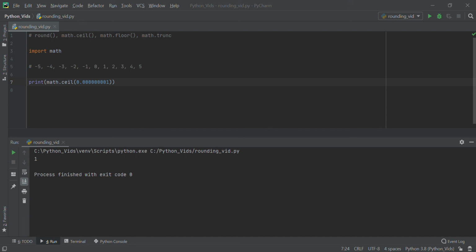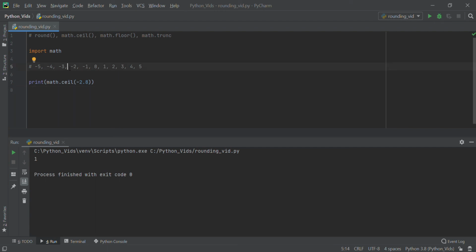All right. And as for negative numbers, well, let's remember our number line that we still have up here. And this time it's going to give you the number of lesser value. So it's the opposite of ceiling. So hopefully you remember, if we do, say, negative 2.8, where's negative 2.8?